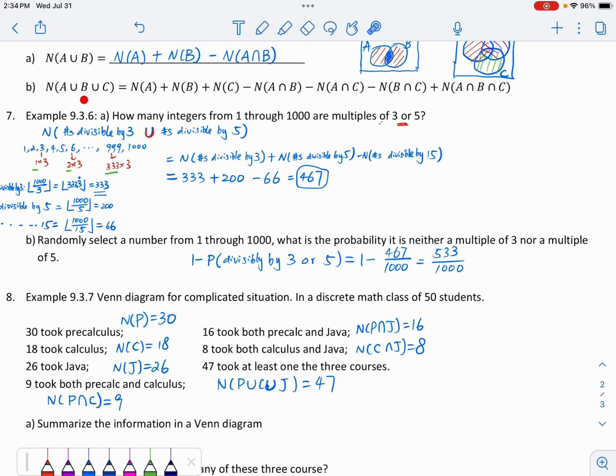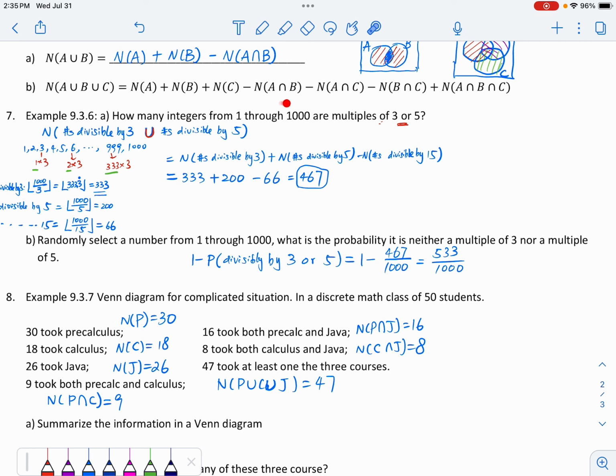Now, let's take a look at the formula we introduced earlier. This is the so-called inclusion-exclusion rule, or a more general addition rule for a three-set scenario. We definitely already know the union, and the number of each set we already know, so these three are known.